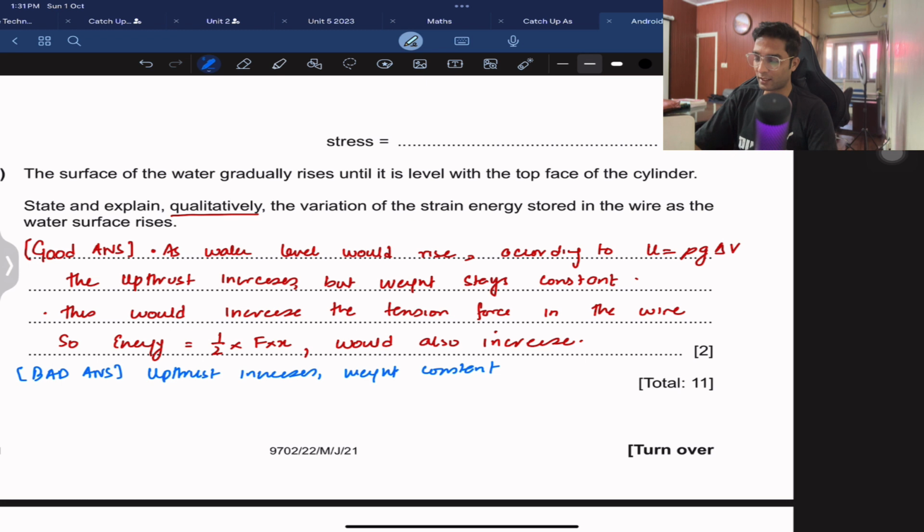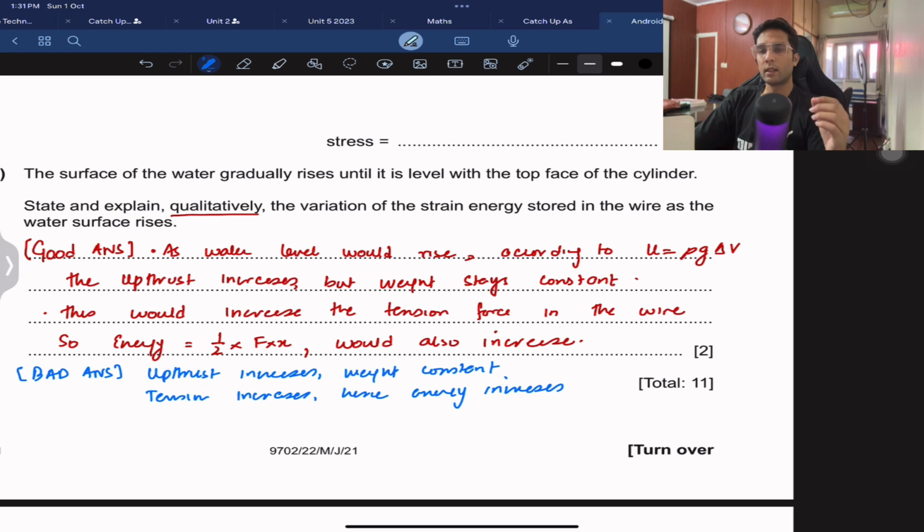That's very bad actually. So upthrust increases, weight constant, tension increases, hence energy increases. So they would write something like that, and if you've written this logically, it's right. I mean, there's no doubt that you're going to get the 2 marks.